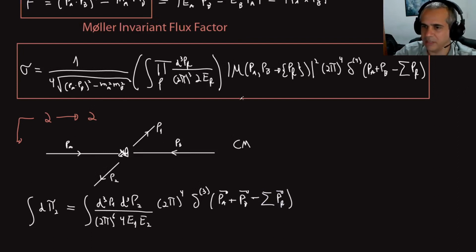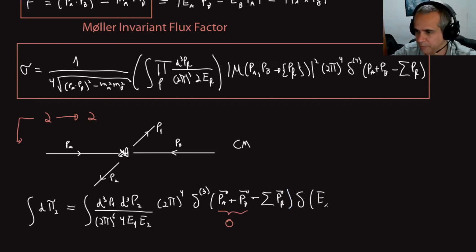But since I am in the center of mass, PA plus PB is 0. Again, the advantage of this being an invariant phase space is that I can choose my reference frame, and this is the best one to do it. PA plus PB is 0. Then the part of energy, which is just EA plus EB minus E1 minus E2.